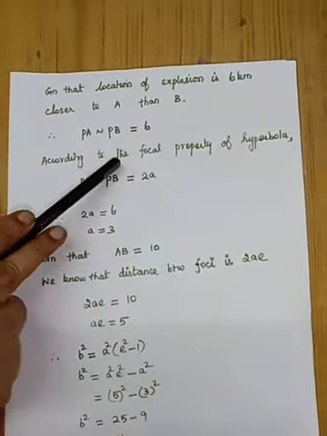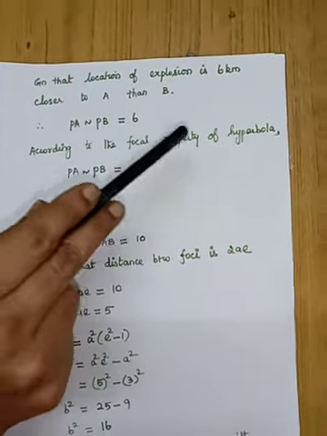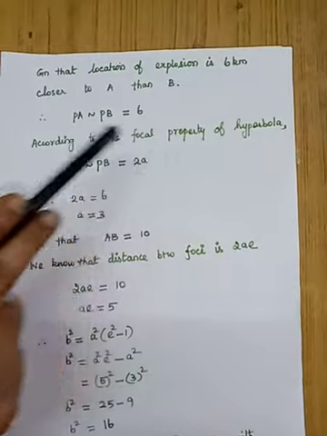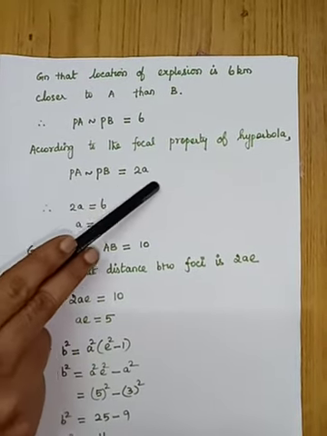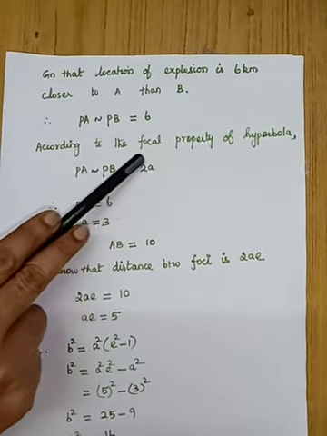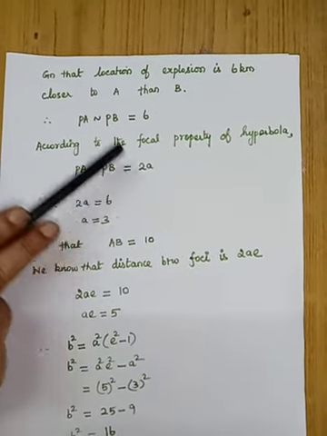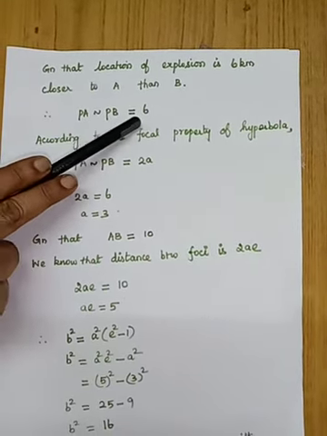Next, we are using the focal property of the hyperbola. The difference of PA and PB is equal to the length of the transverse axis, that is 2a. Here in your problem, the difference of those two distances is equal to 6.